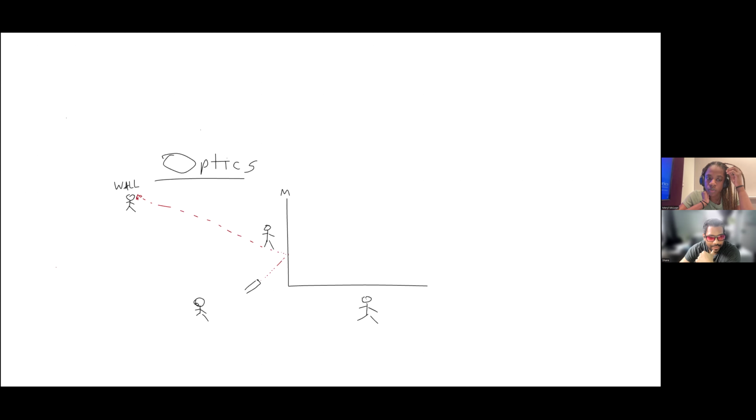Light here. Tell me which of these two people could see it, or if none, or if both. So I definitely feel like the person on the left, this person right here, could see it. I'm not quite sure. I don't think the person on the right could see it.